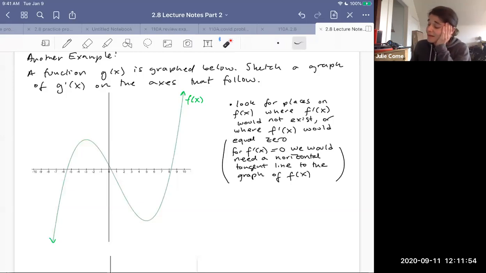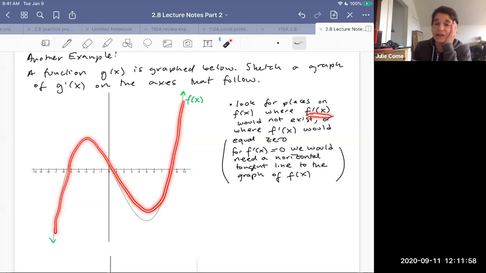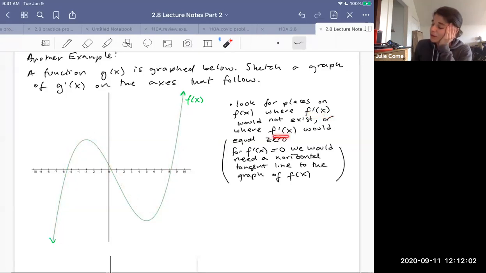I think that in this case, f prime of x is going to exist for all values of x along this function. So let me go on to thinking about where f prime of x would be 0. The easy way to do that is to look at your graph of f of x and imagine, if you were drawing in little tangent lines here or there or wherever, where those tangent lines would be horizontal. Where would we have a flat tangent line?